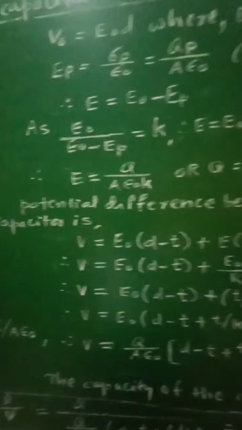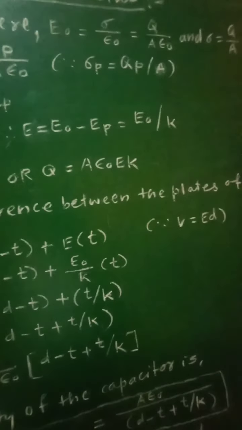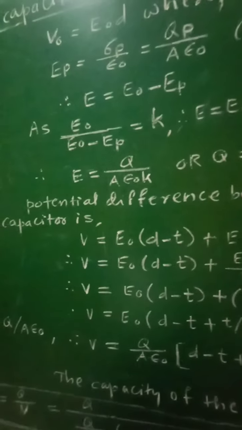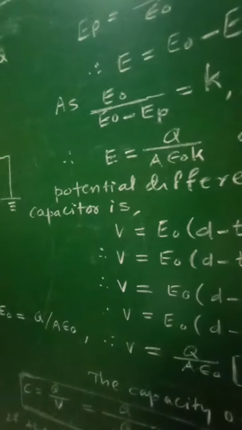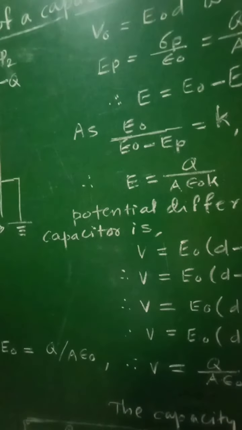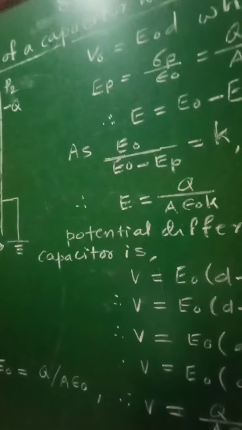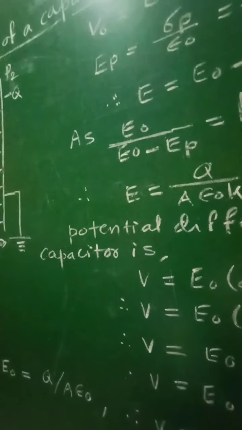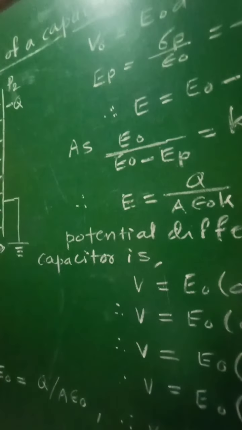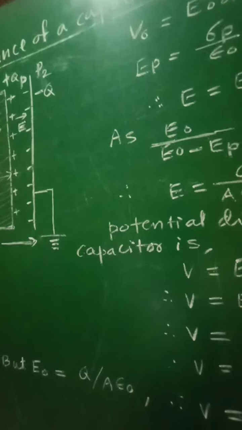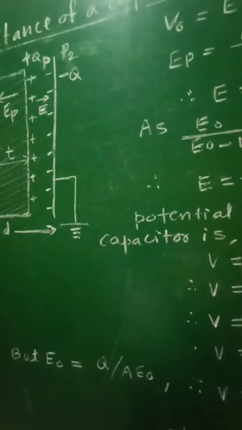Now the potential difference between the plates of the capacitor is given as, because the field E exists over a distance t and E0 over the remaining distance d minus t.